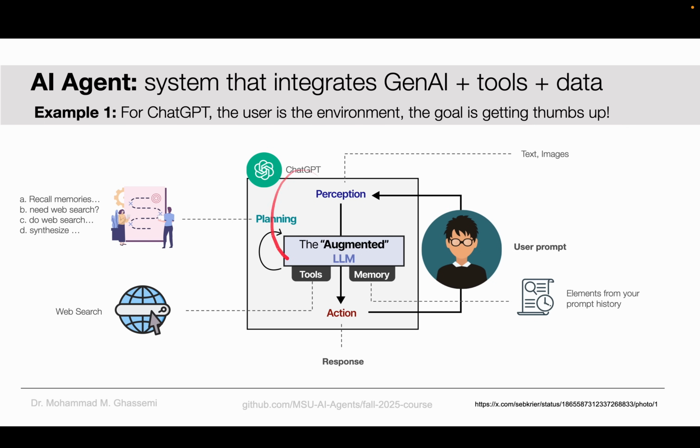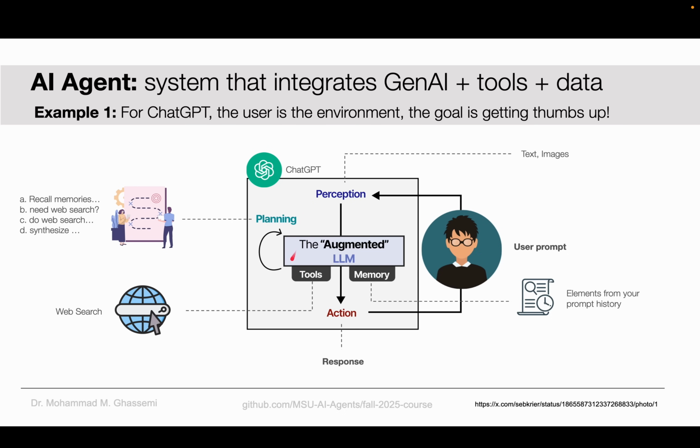It might be a set of things that are considered interesting or relevant if it wants to generate prospectively some responses about you. Okay, but this LLM, using a combination of what it perceived and knowing what the tools and memories that are available are, goes through a planning process. Okay, this could use chain of thought.